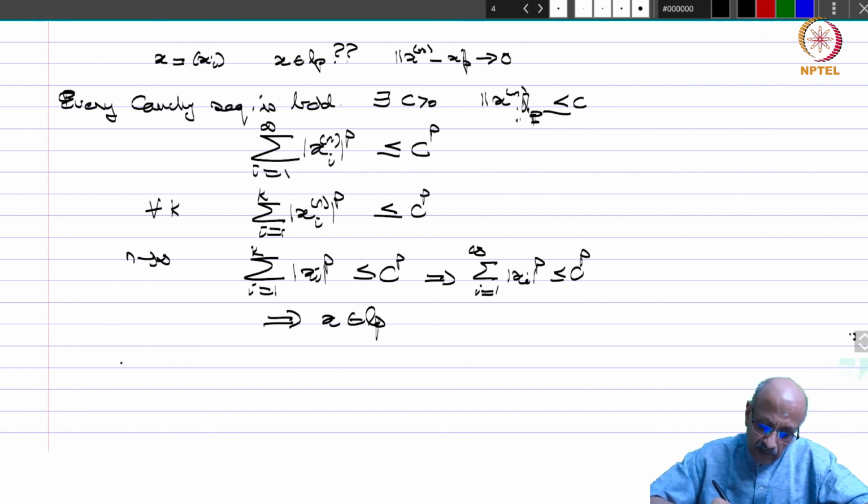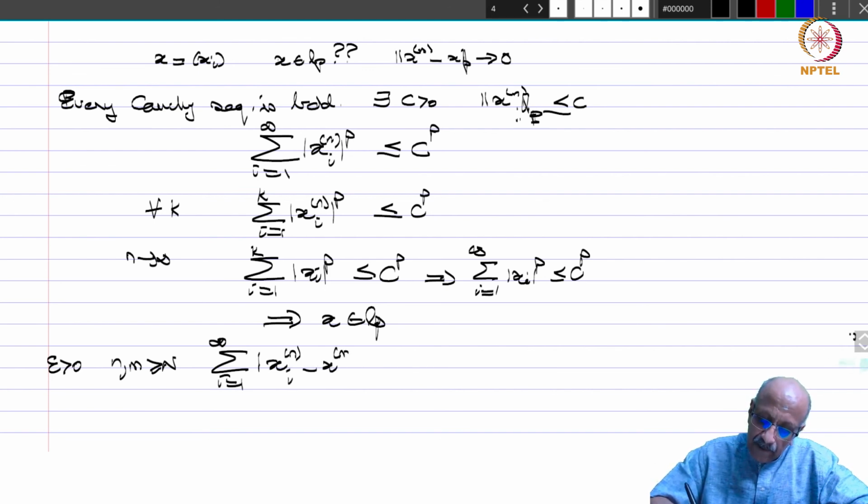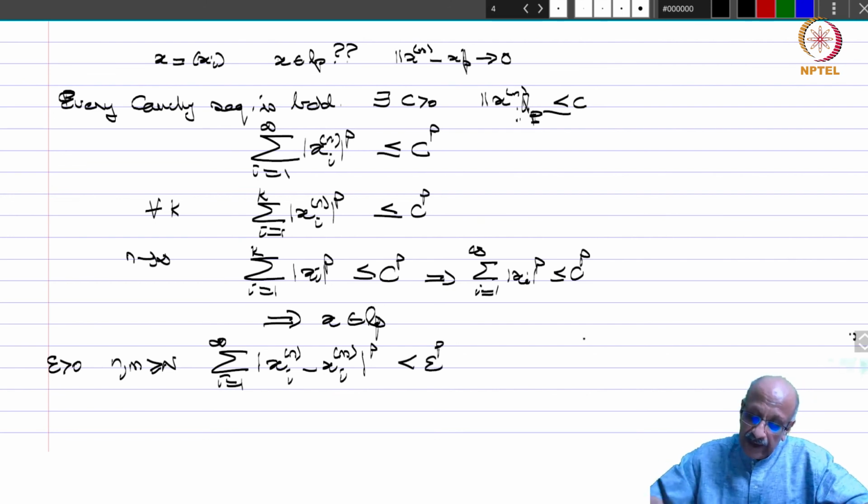So we already saw that for n, m greater than N, since epsilon is given, the sum over i of |x_n^i - x_m^i|^p is less than epsilon^p. So we do the k trick once more. So this means fix k.